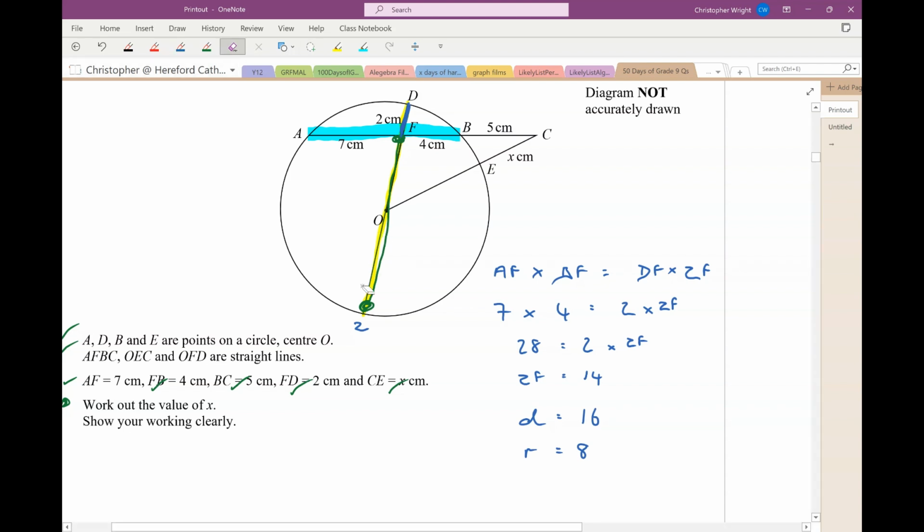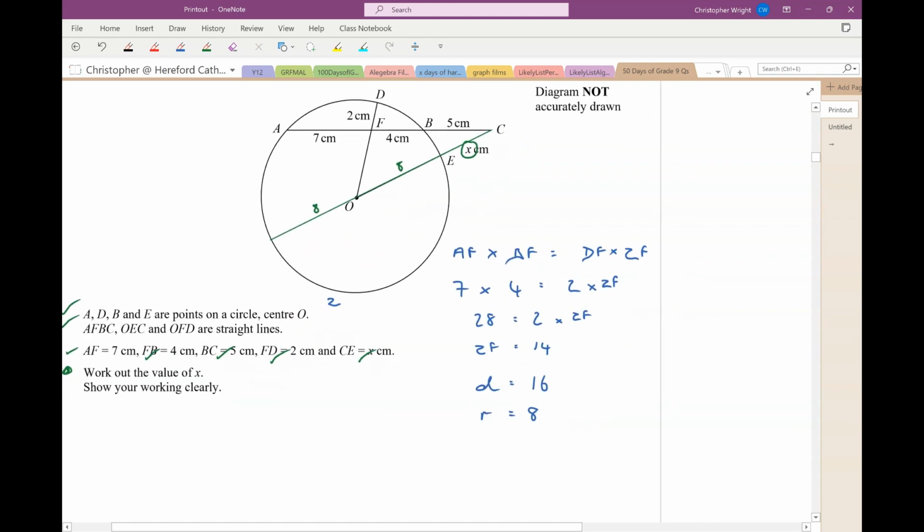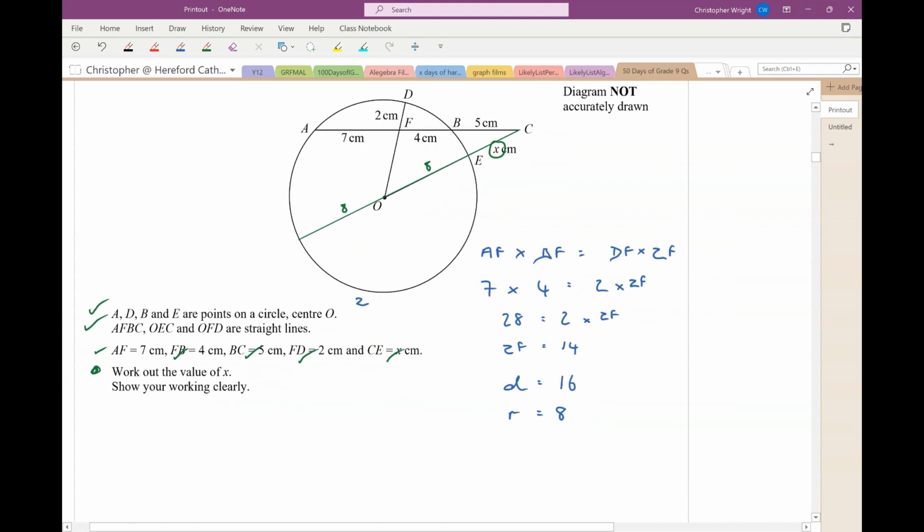Now I think I'm in a position to use these 2 intersecting chords here, because I know that this is 8 and that's 8 and that's X. And I think I can combine that one with AC, with this one.